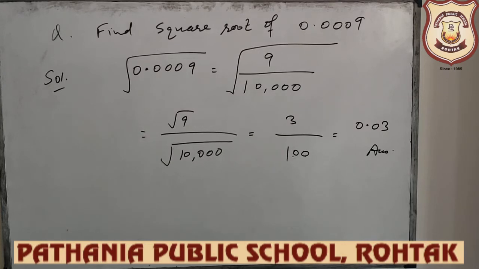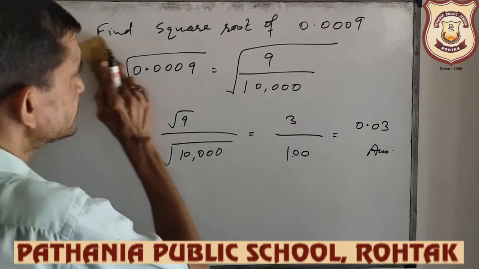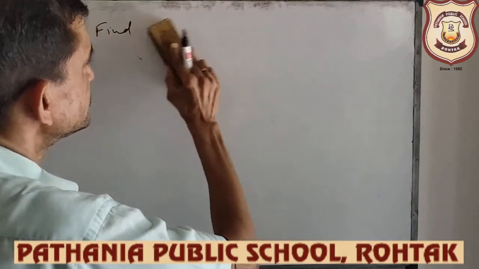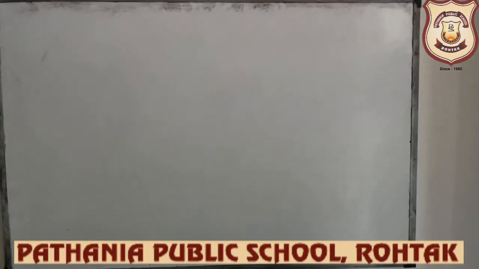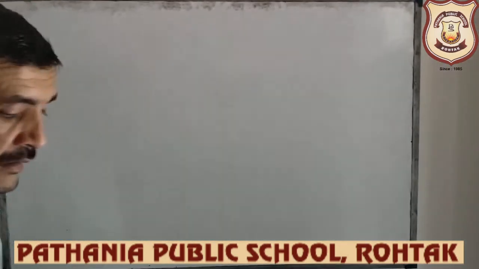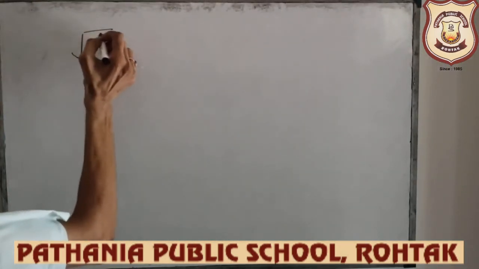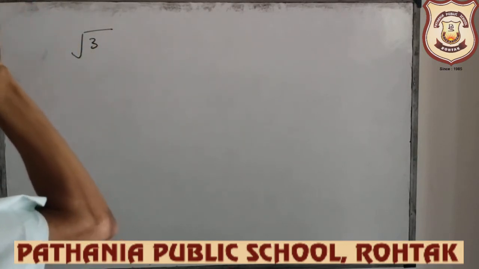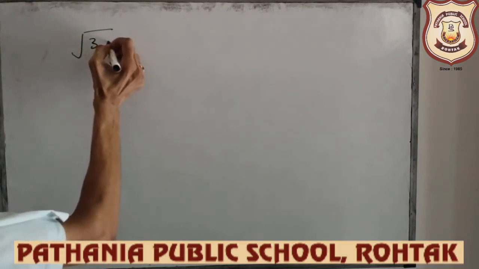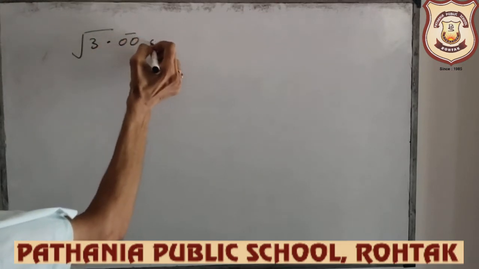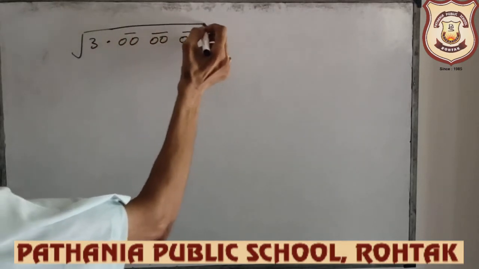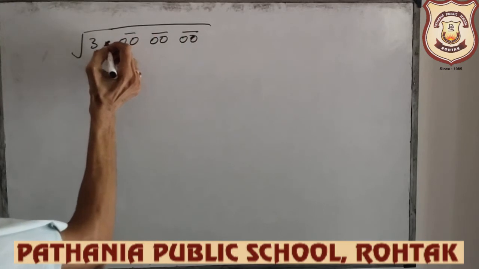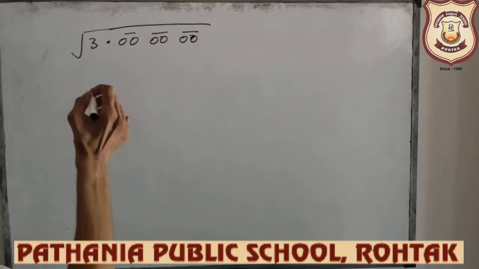Just like root 3: find the square root of root 3 up to 3 decimal places. 3 decimal places means put 3 pairs of zeros. As many places as you need, put that many pairs of zeros, because after the decimal you can put as many zeros as you want.